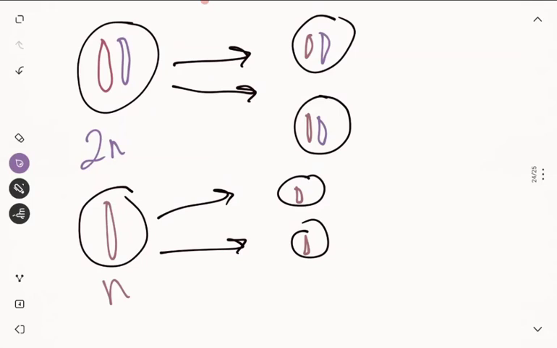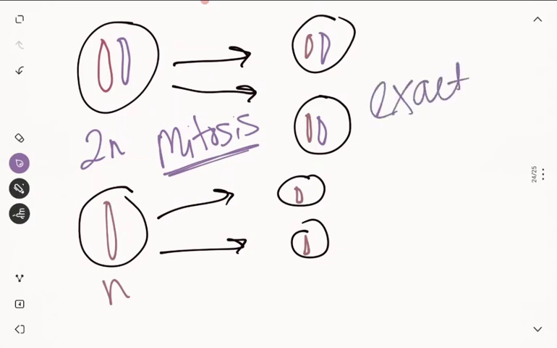Okay, so mitosis increases cell number and makes exact copies. Whether it's diploid or haploid or triploid, doesn't matter. All cells can go through mitosis just to increase their cell number.